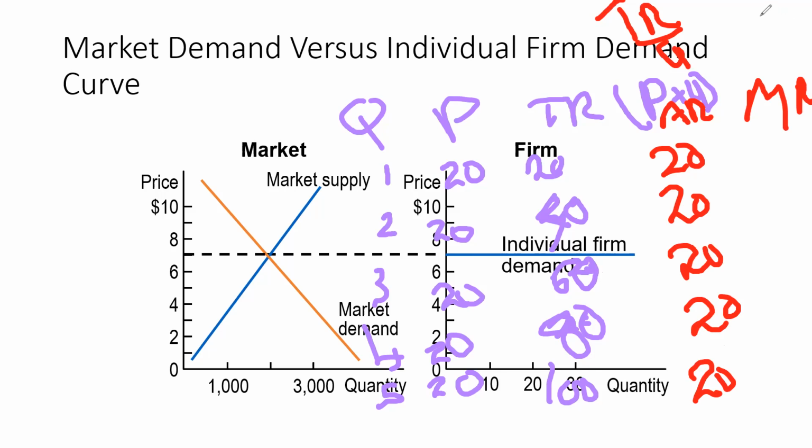Marginal revenue means delta TR divided by delta Q. Here it is the difference: when you sell one extra unit of output, how much additional revenue do we earn?